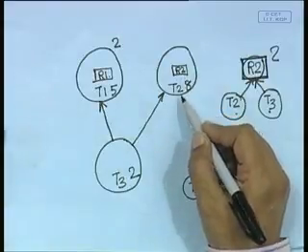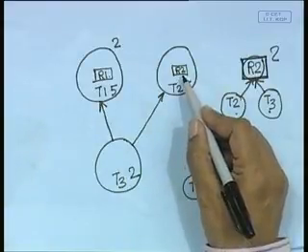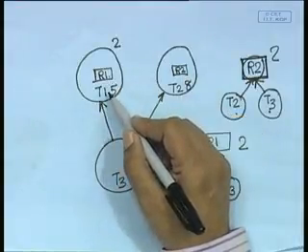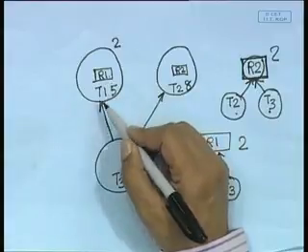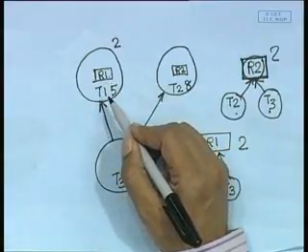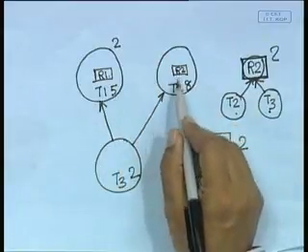Similarly, we can show that if T2 started executing and acquired R2, R1 could not have possibly been acquired by T1.